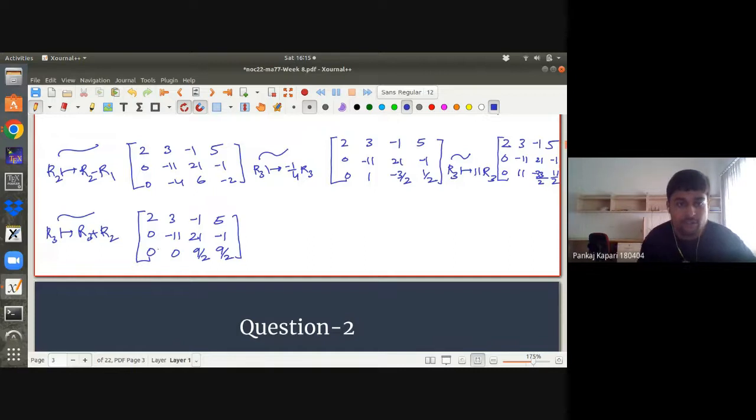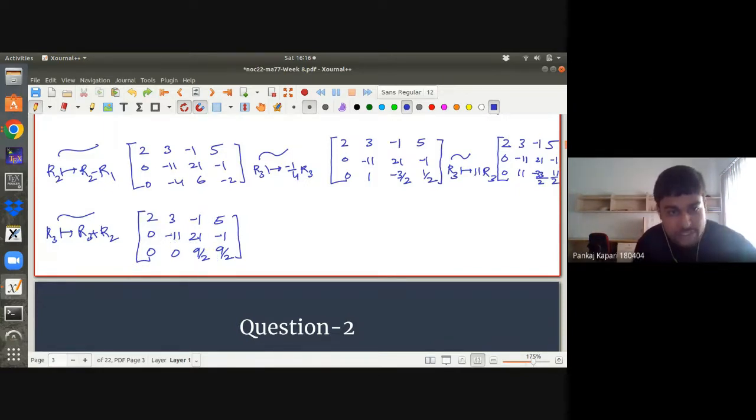Why is this called row echelon form? Because you notice that this is our main diagonal, of this 3 by 3 matrix, except this column. This is our augmented matrix, and below this main diagonal everything is 0, and that's why we call it a row echelon form.